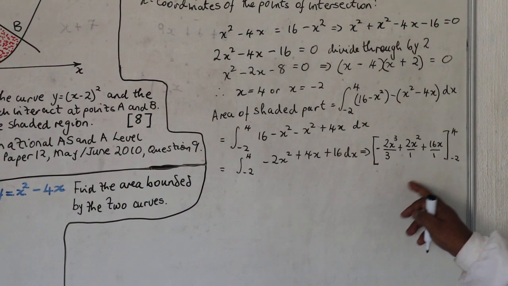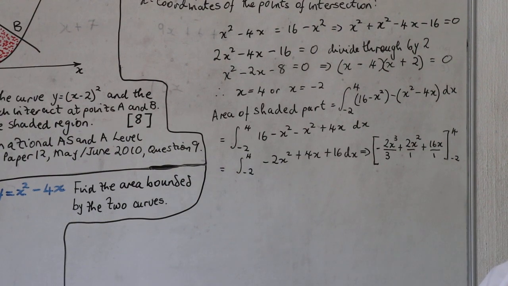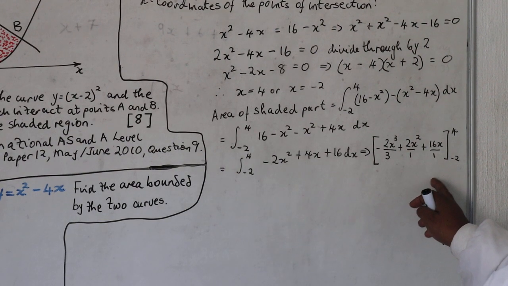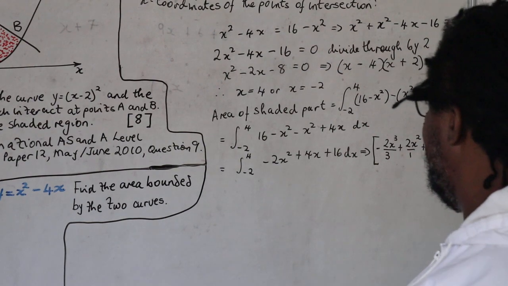Then we substitute first by 4 and then minus 2, and we subtract the expression where we substitute minus 2.